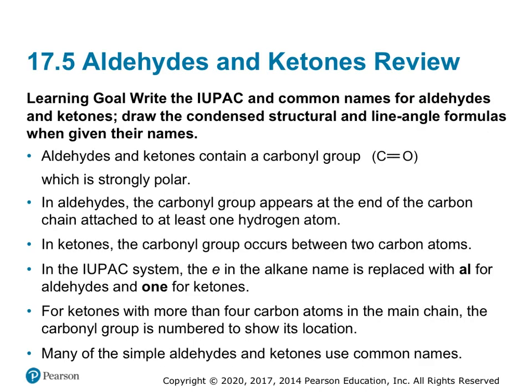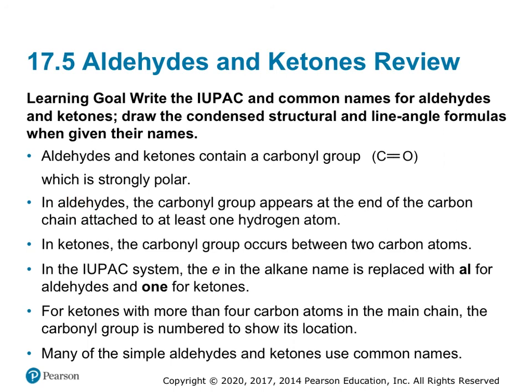So just to summarize a couple of things, both aldehydes and ketones contain this carbonyl group, the carbon double bonded to an oxygen. It is strongly polar, so aldehydes and ketones will dissolve in water for the most part.